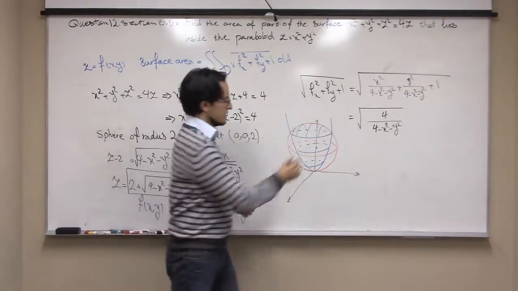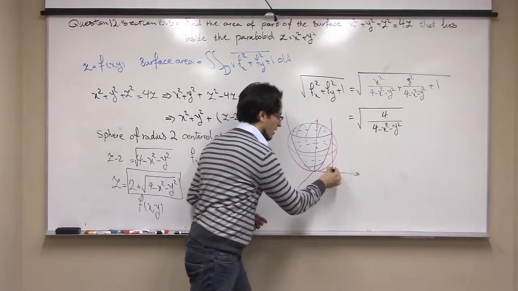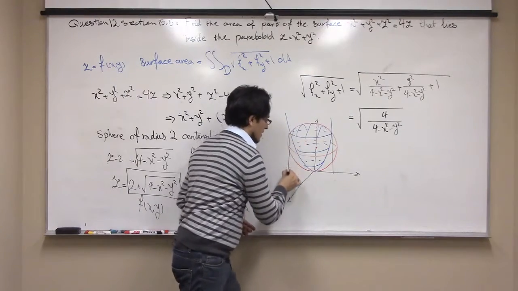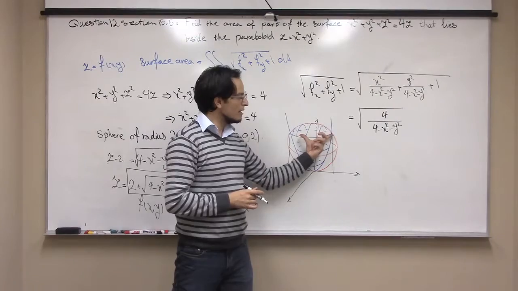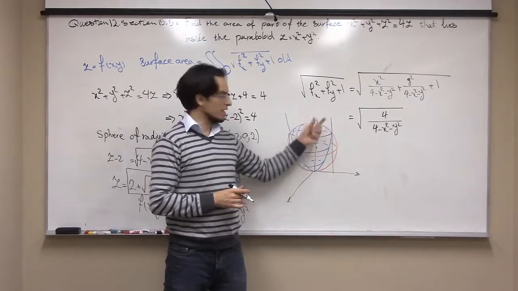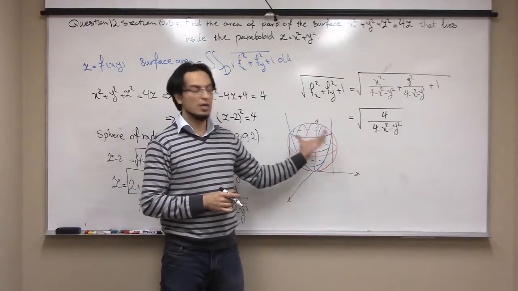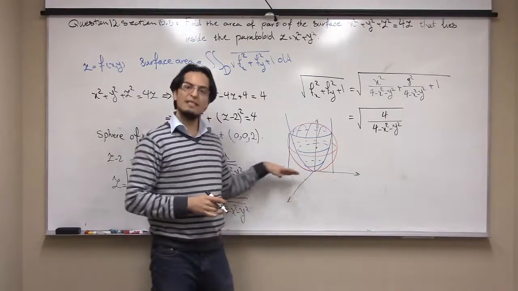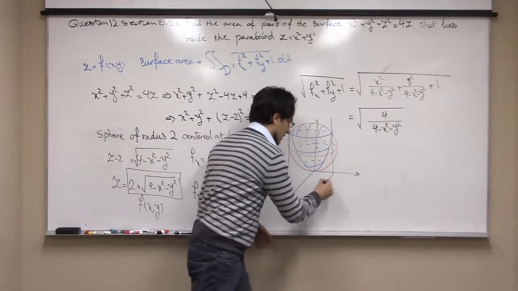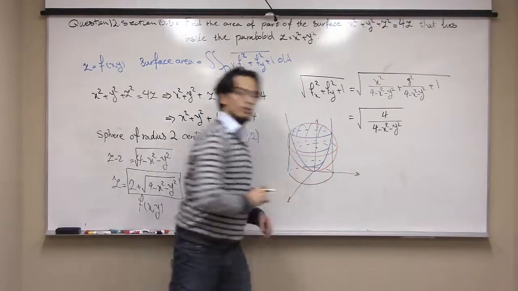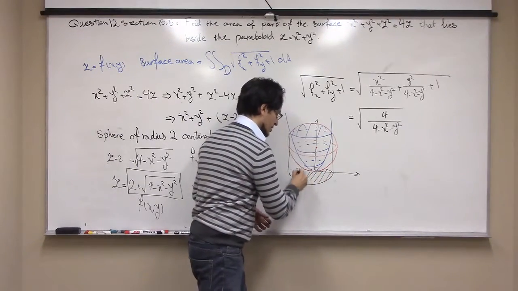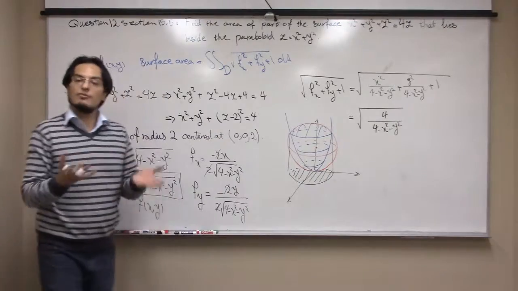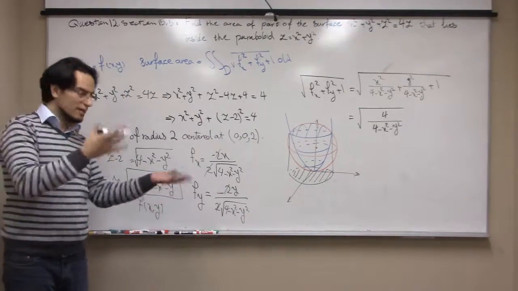The region is the shadow of this part of the surface, which is exactly where the paraboloid and sphere intersect, and then anything inside. Basically, if you find the intersection, it is going to be a circle, but the region is everything inside it. So I have to intersect these two and find the region.